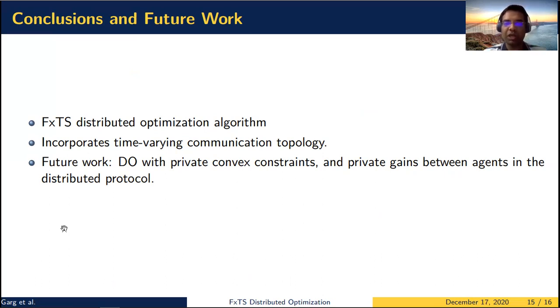So if each node has their own convex constraints that they do not want to share with other agents, as well as the gains, the P, Q, and gammas that we use in the algorithms, if these gains vary between agents and they are private and the agents do not share that information, then also the solution could be found in fixed time. So that is part of our future work.